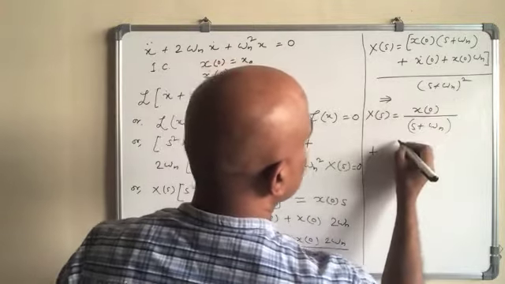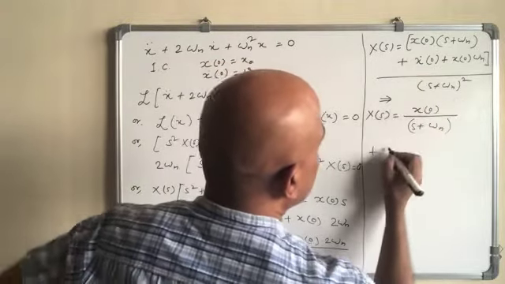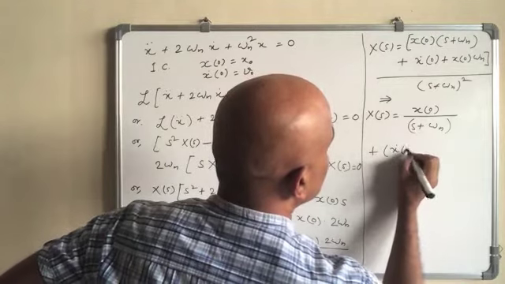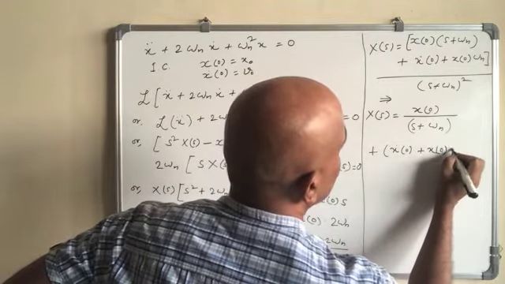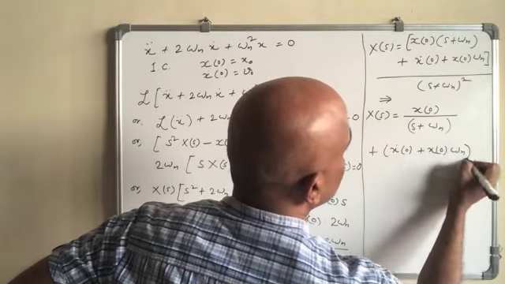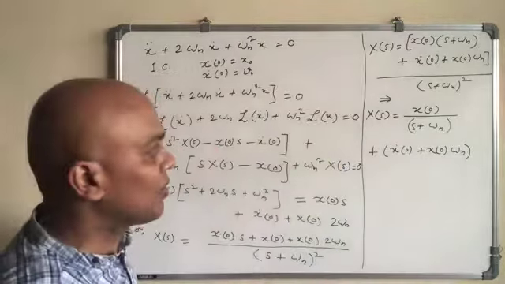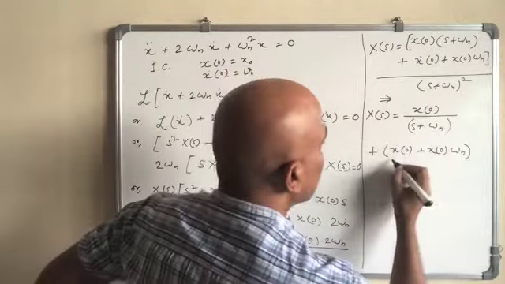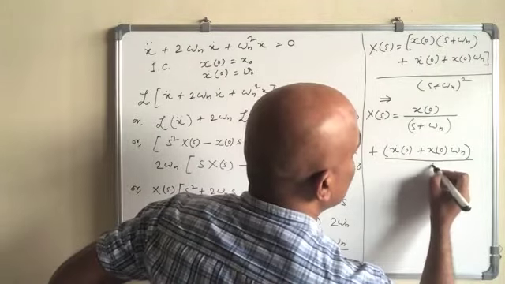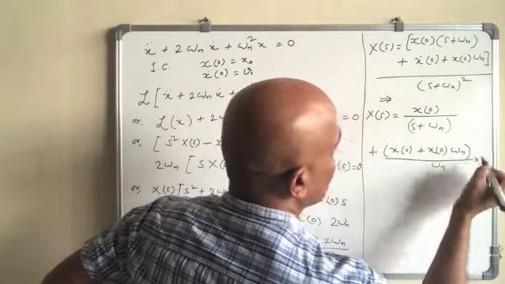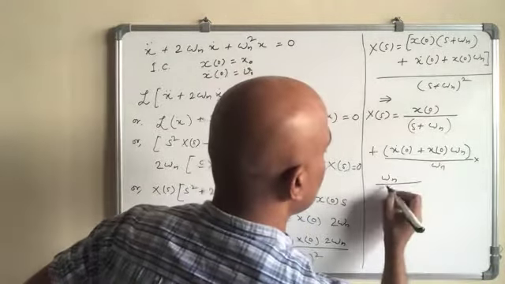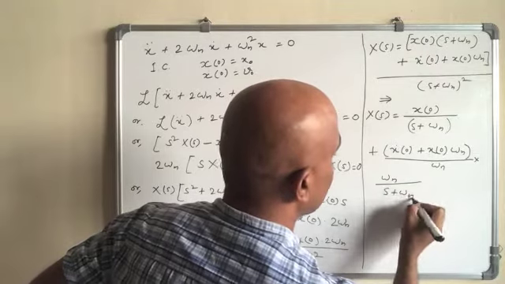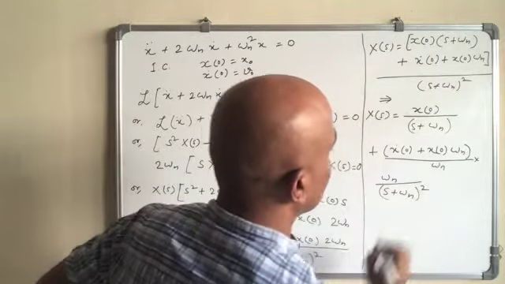Plus the second term, which is x dot 0 plus x0 multiplied by omega_n, times 1 over (s plus omega_n) squared.